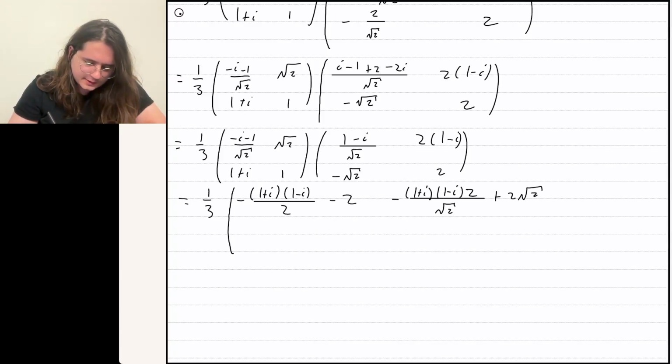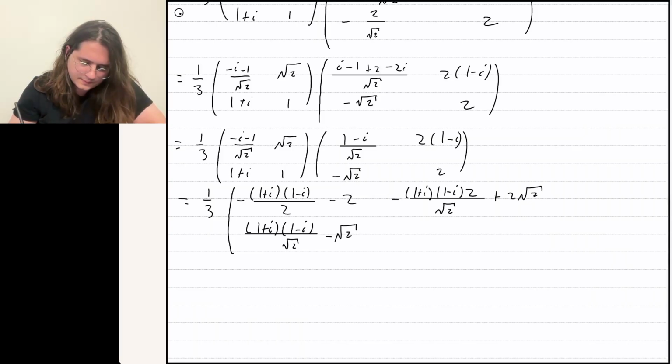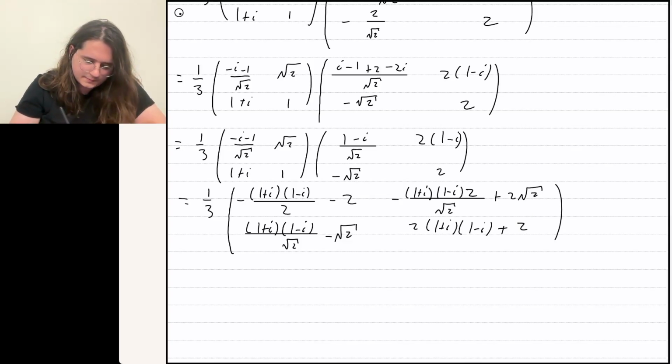And now we've got, in this element down here, just 1 plus I, 1 minus I, all over root 2, minus root 2. And finally, it's 2 times 1 plus I, 1 minus I, plus 2. Cool. Okay.